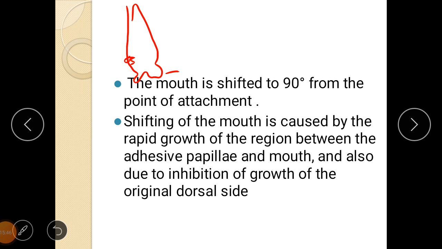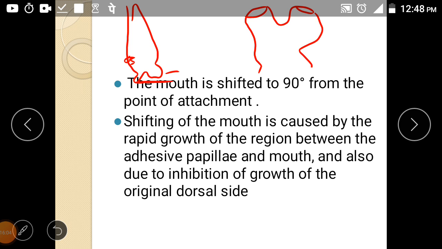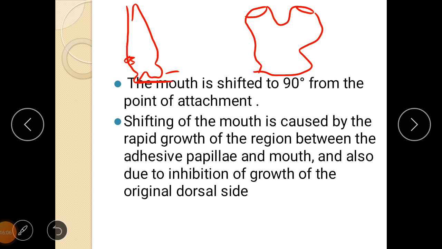What is the meaning of this? When the larva attaches by the adhesive papilla to the substratum, the mouth is present here, and in the adult it gradually shifts to here. If you remember, I told you about the atrial and branchial apertures, right?